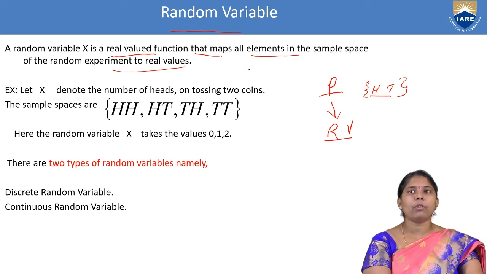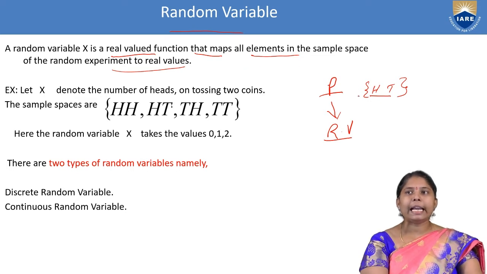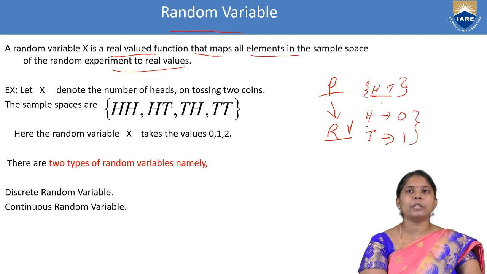That is the concept of a random variable. It assigns real values to the sample space. So head can be assigned the real value 0, and tail the real value 1. Assigning real values to the sample space is known as the random variable. It is a real valued function.